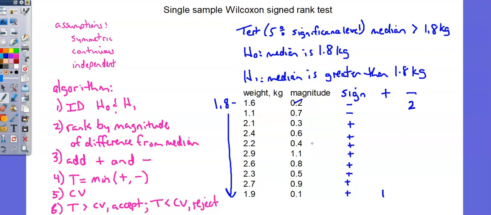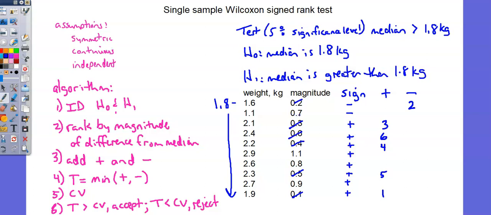Maybe I'll cross these off as I go to make it easier to spot what's remaining. Next is 3. Sign is positive. Put a 3 in the positive column. There's a 4. That's positive. Put a 4 in the positive column. 5 is positive, 5 in the positive column. Next, 6. 6 is positive, goes into the positive column.